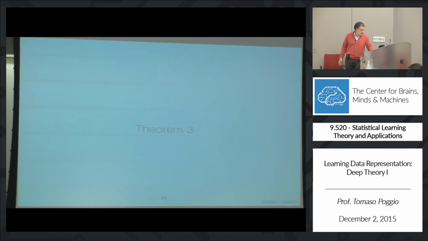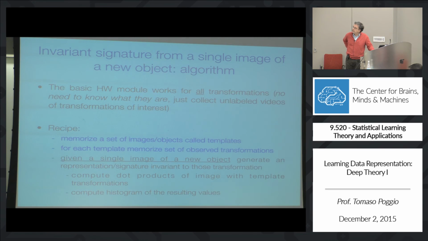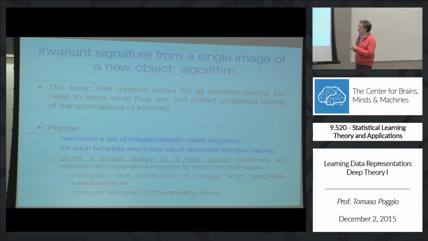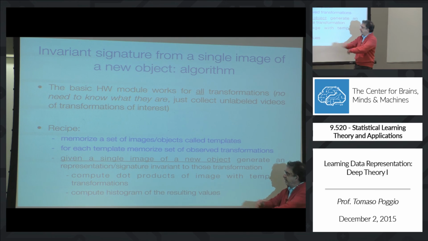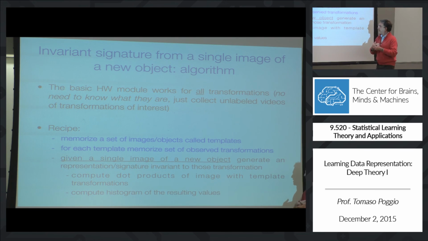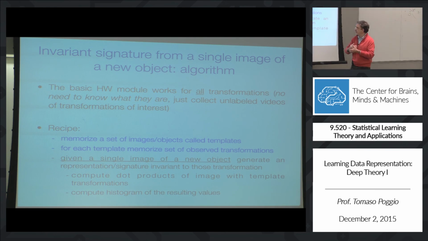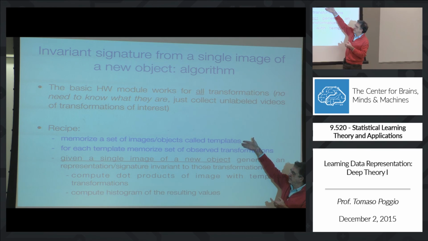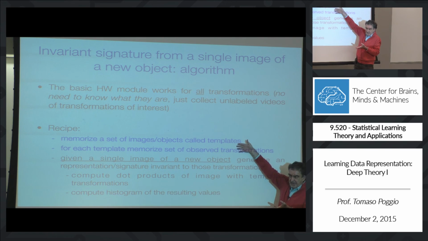So basically the algorithm, as I said, the algorithm itself or its implementation in a visual system of a monkey does not need to know whether there is a group or not. As I said, that's something we need to know if we want to prove something. But so, memorize a set of images, which are templates, like the bike, and its transformations.